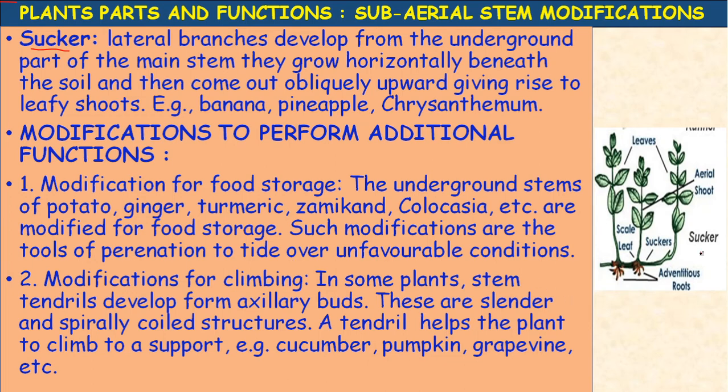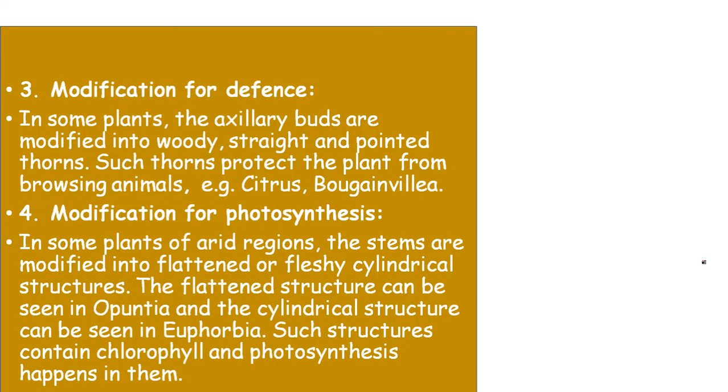Usually the stem grows erect, but some portion of the stem bends and touches the ground, producing adventitious roots. Later it becomes erect. This part is called the sucker. When you cut this portion and place it in the soil, it grows into an individual plant.